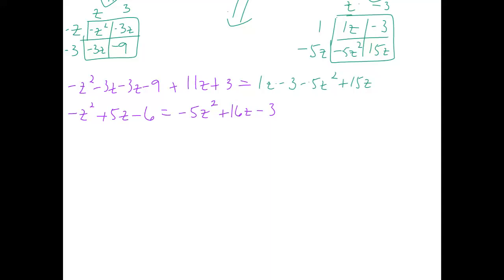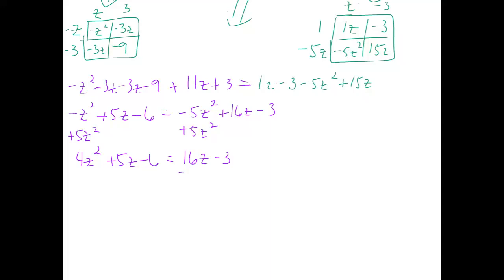If I add 5z squared over here, I'll get 4z squared, and now we've got our positive value for the z squared. And then plus 5z minus 6, still equal to 16z minus 3 at this point. And now I just want to take those other two terms, since I've chosen a side, to the left as well.